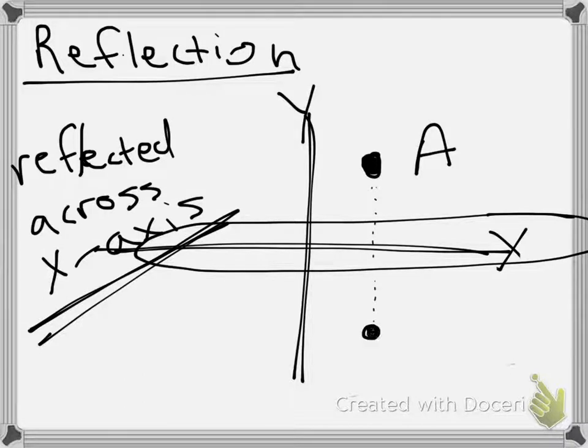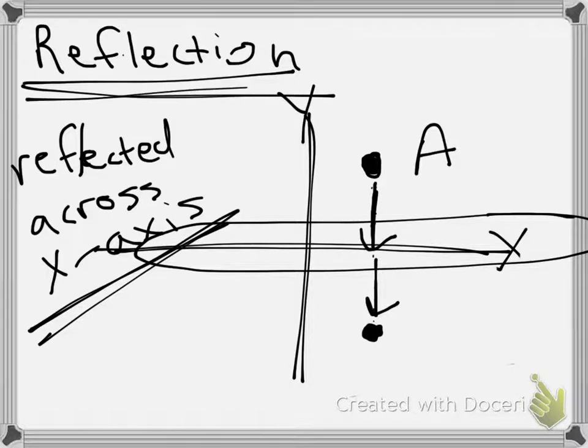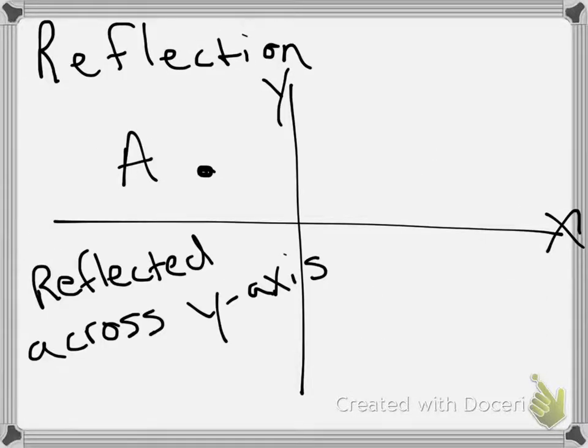So what I would do is count how far it is to the x-axis, and then from there I would count the same distance from the x-axis to find out where my new point would be if it is just a reflection. That's across my x-axis, and then across my y-axis I'd do the same thing.